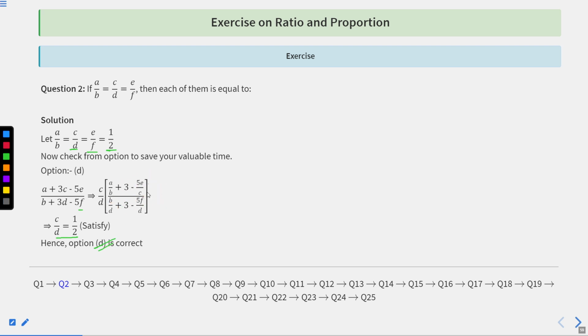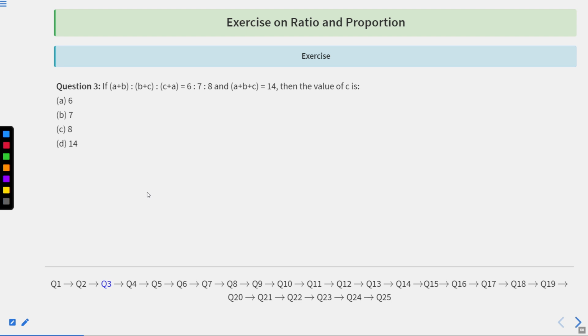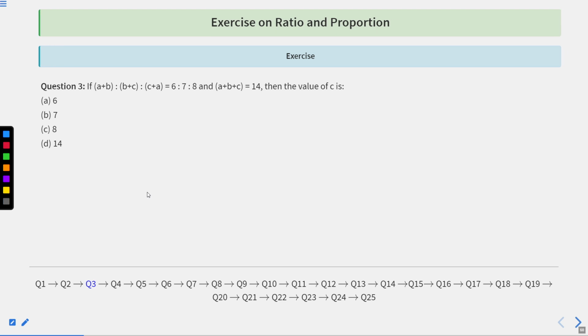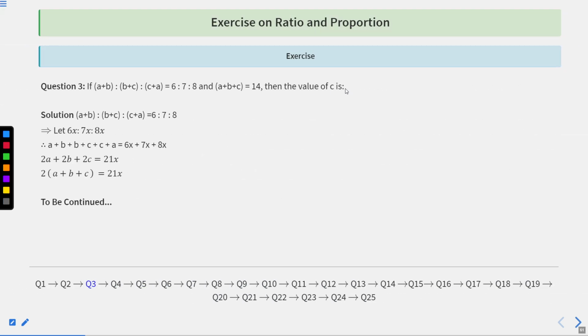Okay, so let us move ahead with question number 3. If A plus B is to B plus C is to C plus A equal to 6 is to 7 is to 8 and A plus B plus C equal to 14, then the value of C is. So here we are provided that A plus B is to B plus C is to C plus A is equal to 6 is to 7 is to 8.